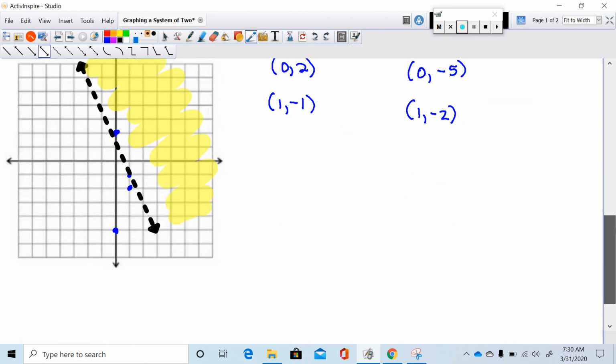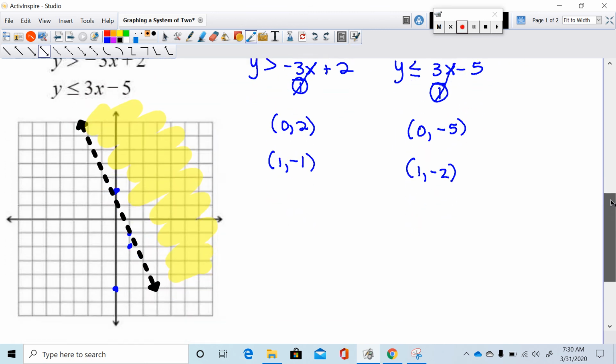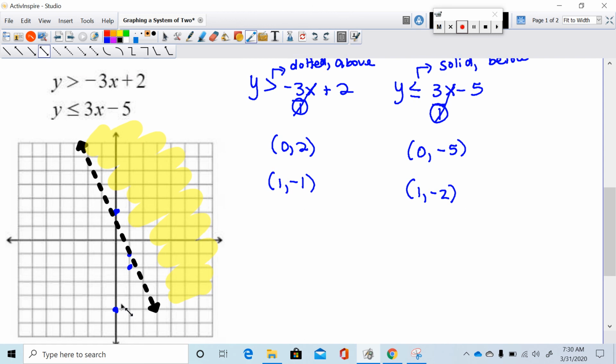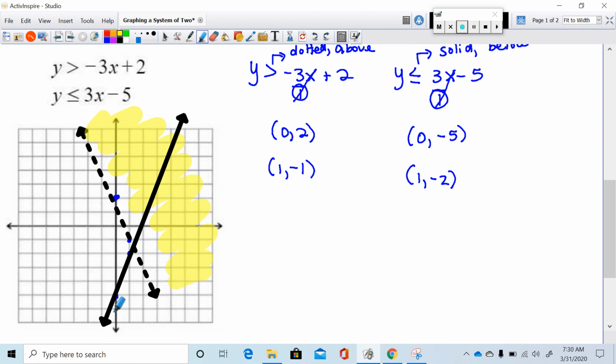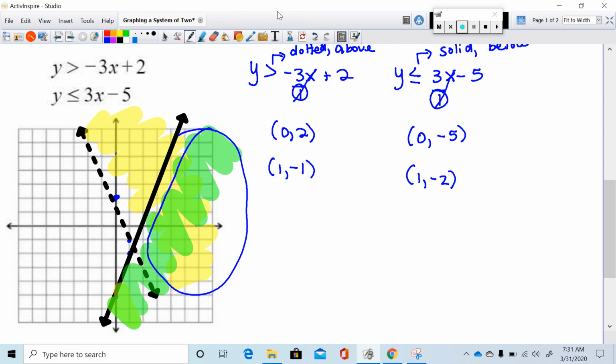I can't see my other point. There it is. And I said that I'm going to shade below that line. Well, let me do a different color so you can see where they overlap. And where they meet, or where they overlap, that region there is the answer.